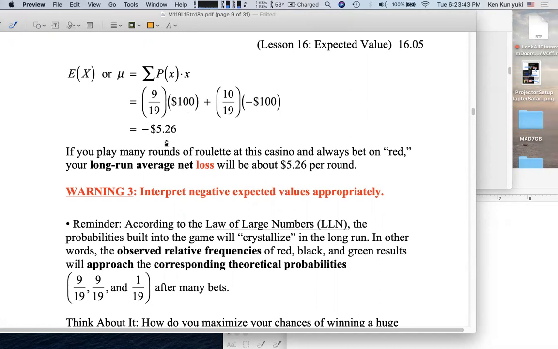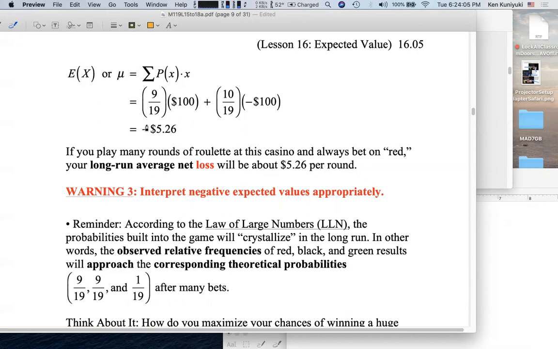That's negative $5.26. The interpretation: if you play many rounds of roulette, think 1,000 rounds, I hope you're not that much of a gambling addict, but if you play 1,000 rounds of roulette at this casino and you always bet on red, you love red, your long run average net loss will be about $5.26 per round.